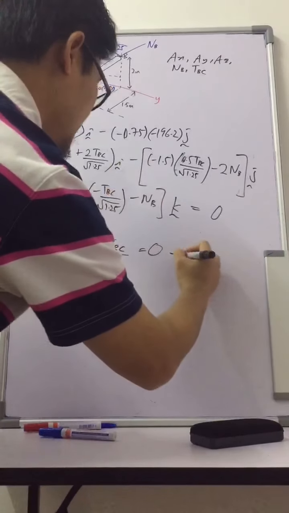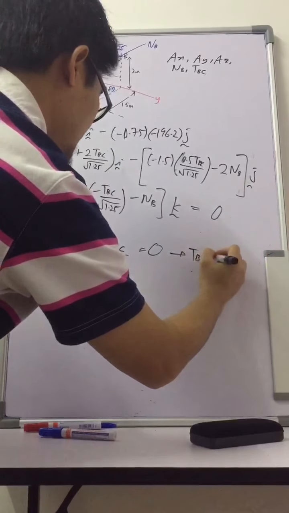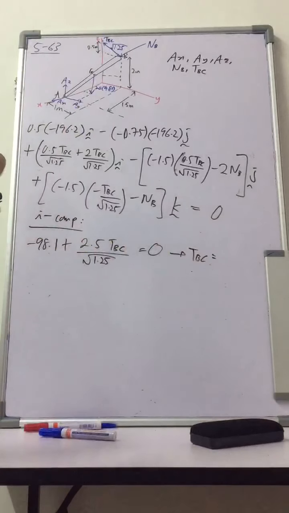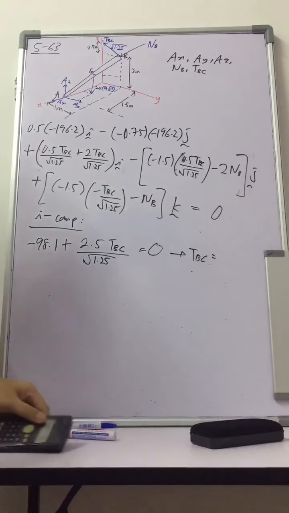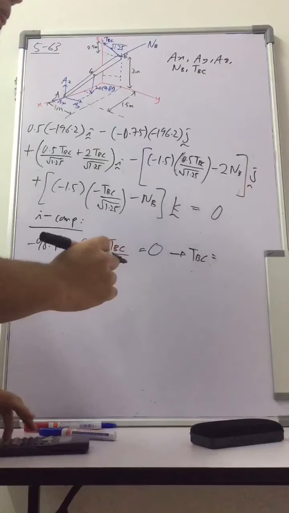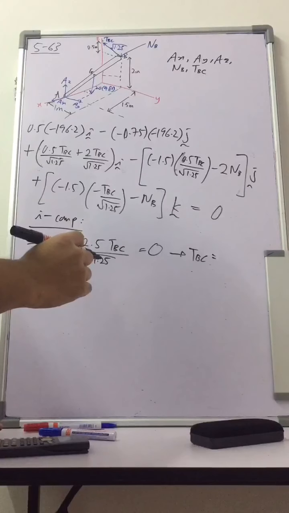So your TBC will be 98.1 times root 1.25 divided by 2.5.